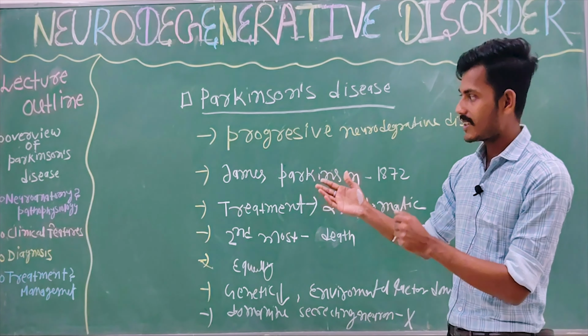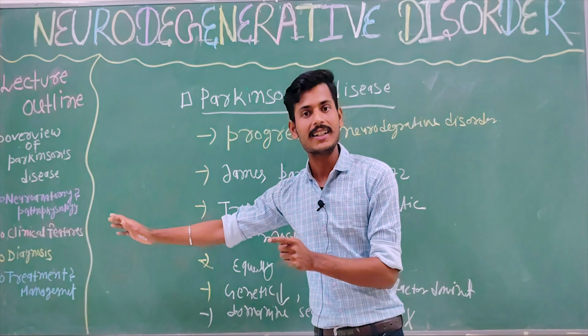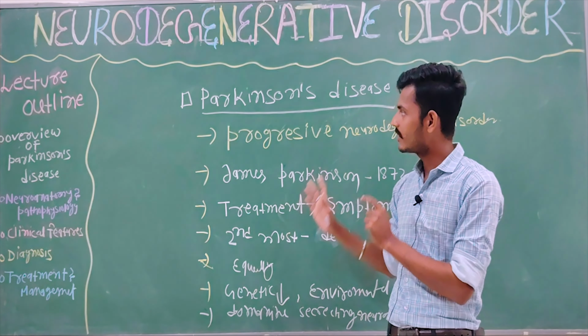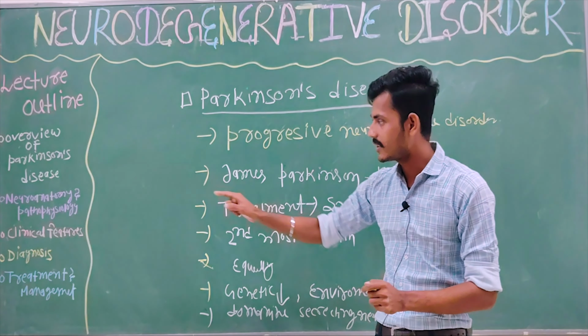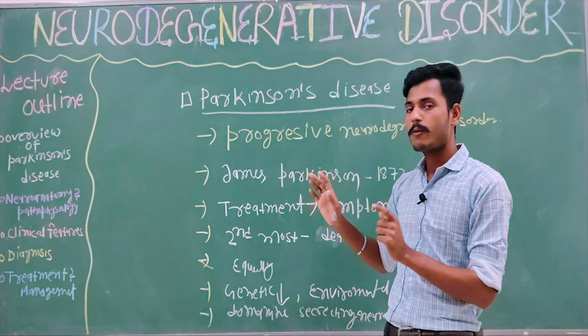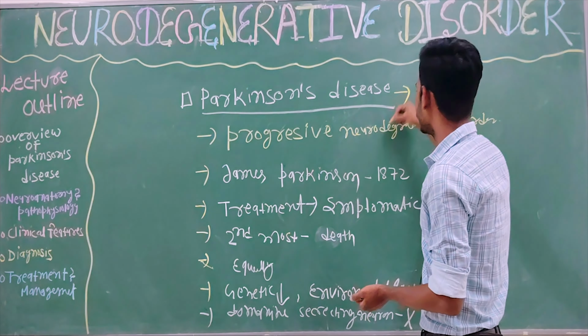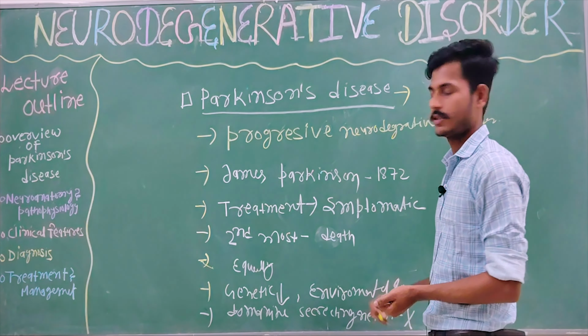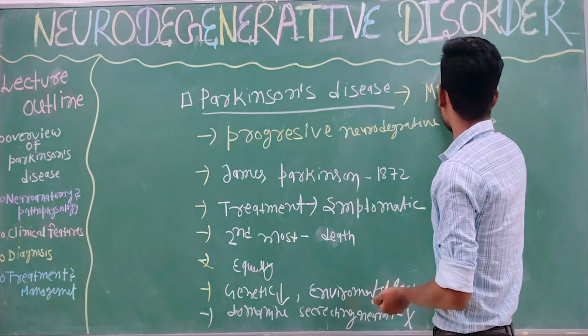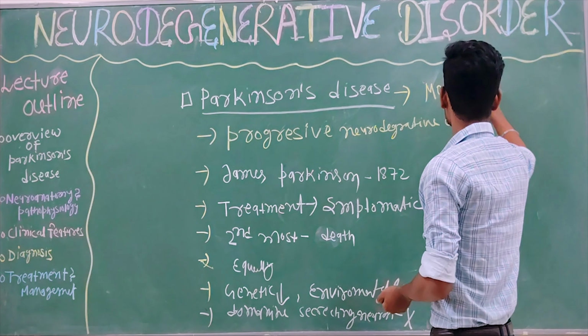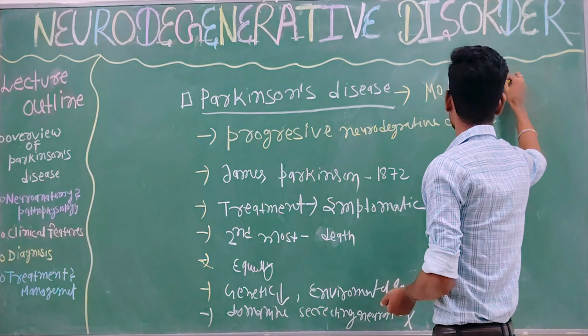We will discuss this in the clinical features, where we will see the signs and symptoms. But for a while, just understand Parkinson disease is basically a disease of motor function. It is a motor disorder.